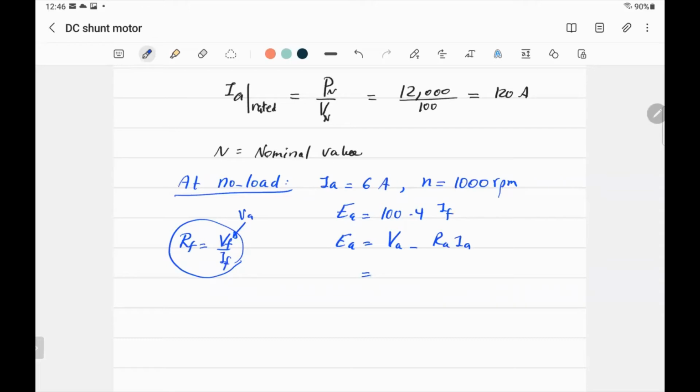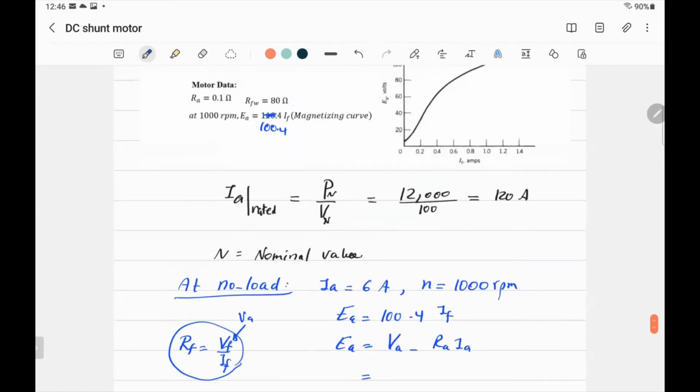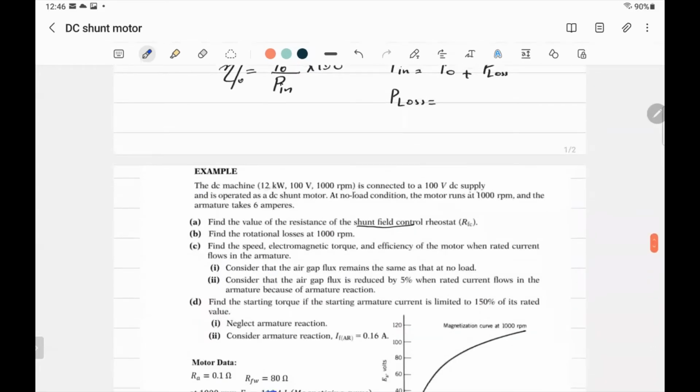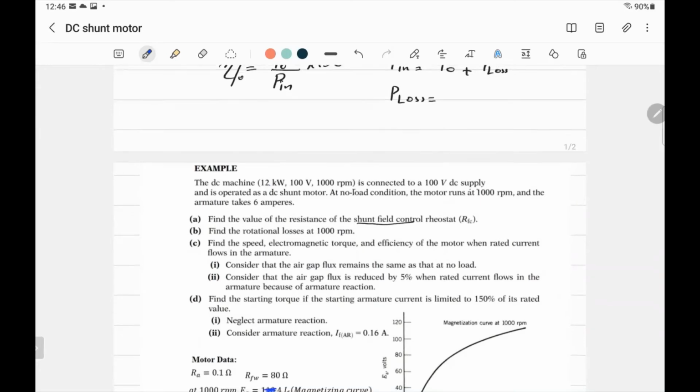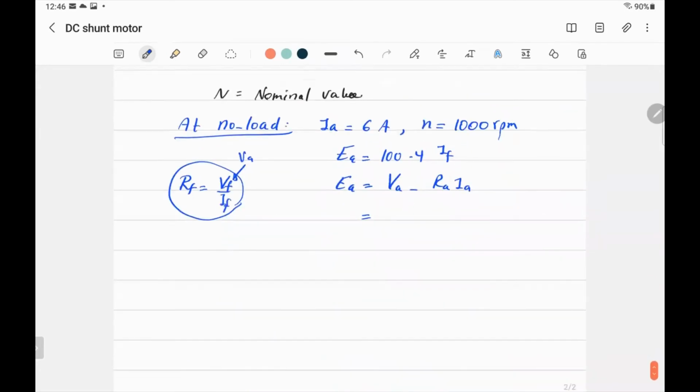And the voltage of the armature, they didn't mention series resistance or starting resistance, which means that the armature voltage VA is equal to the terminal voltage, which is 100 volt. Then you ask, how do you know it's 100 volt? Because it's given the machine is 12 kilowatt, 100 volt, and since nothing is mentioned, they're using the rated, nominal value. So I'll say the voltage is equal to 100. It's the same as the terminal voltage.